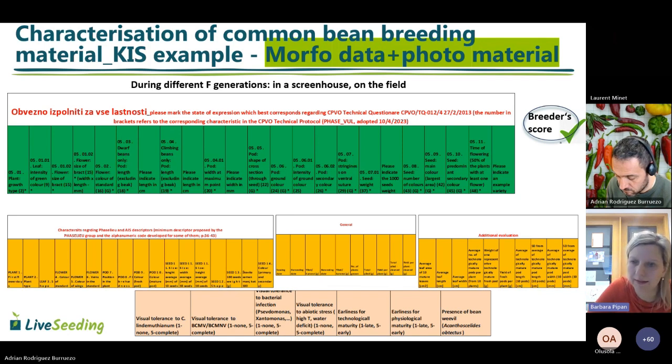So in our case, this is a kind of our know-how in the breeding of common bean: the breeder score. I put it here with a tick.